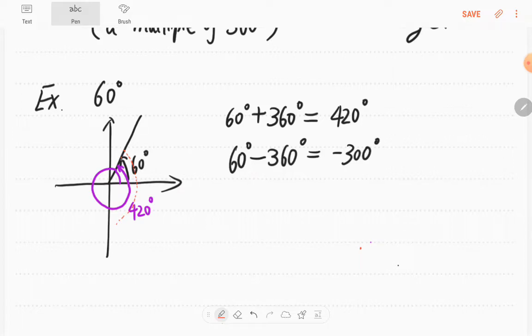First we get 60 degrees, so we start from here, right? Then we subtract 1 revolution. That means we go clockwise by 1 revolution. Okay, so here is 60 degrees, then we go back to here, it would be negative 60 degree, right? So it would be cancelled out.